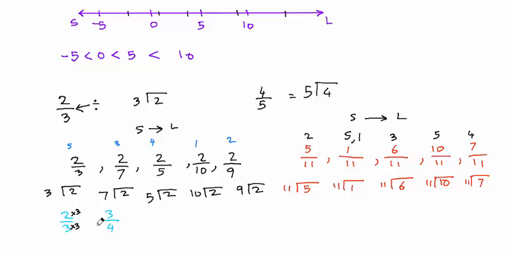Then if you want to change this 3 to a 6, the idea is to have a 6 on the top on both fractions. So you multiply the 4 by 2 as well. And now the two fractions that we have over here, 6/9, that's equivalent to 2/3, and 6/8, that's equivalent to 3/4.